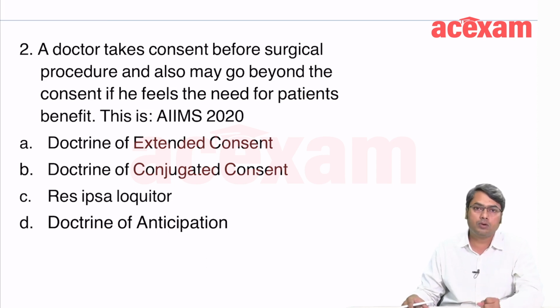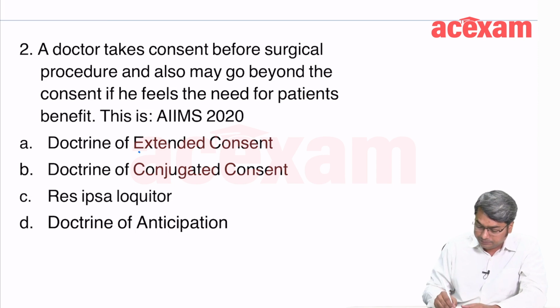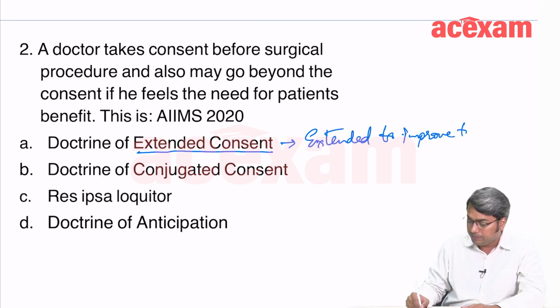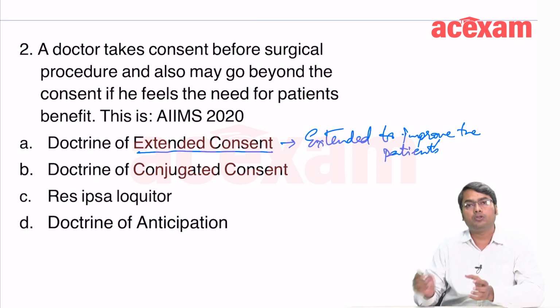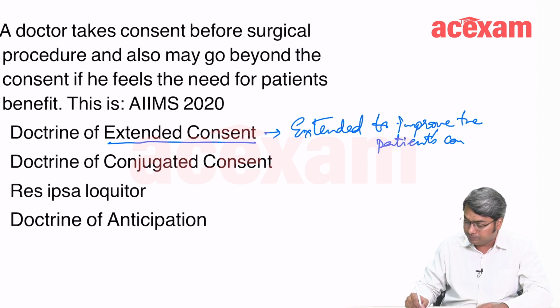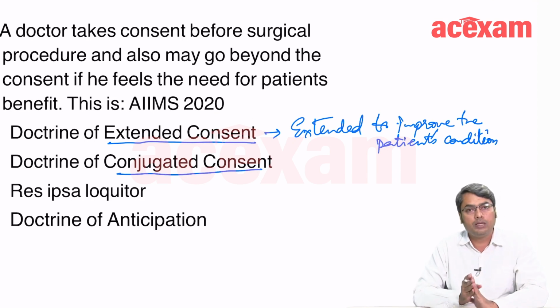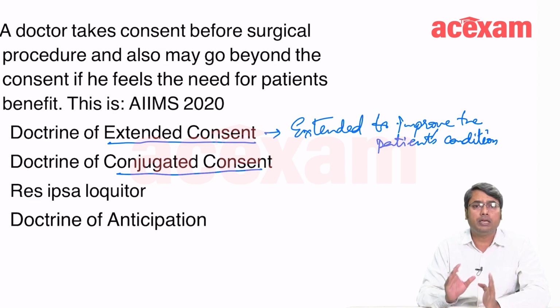Okay, this is known as the concept of extended consent, where consent can be extended to improve the patient's condition. A new situation can also be included here. What is conjugated consent? There the doctor can conjugate two procedures together while doing the same operation. Okay, but here again it has to be for the benefit of the patient.